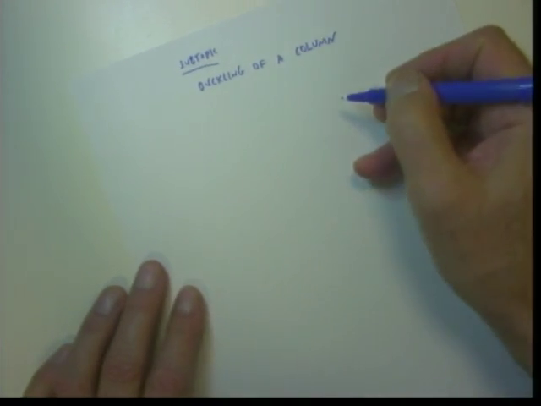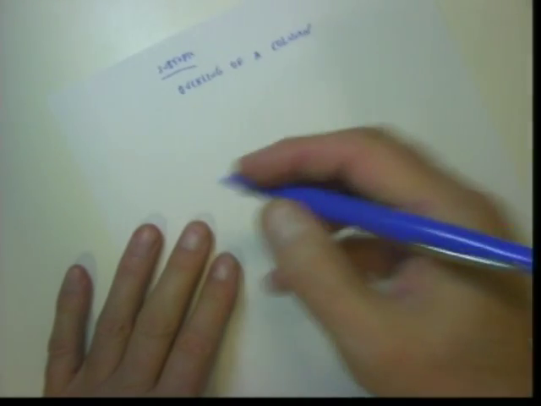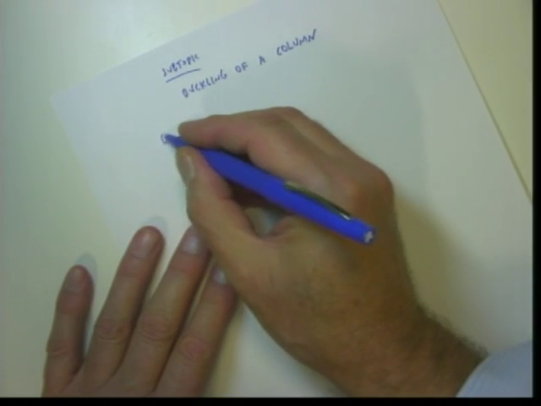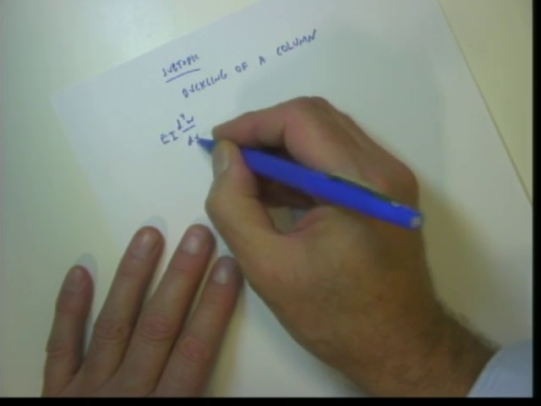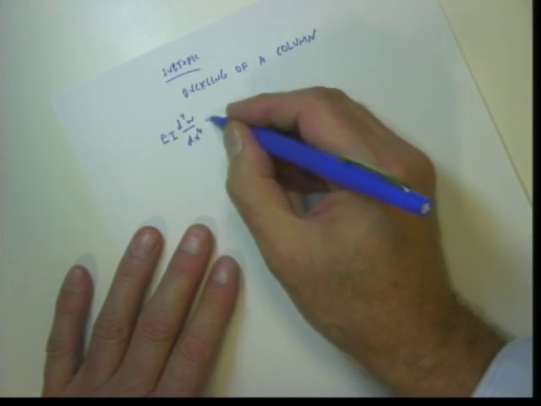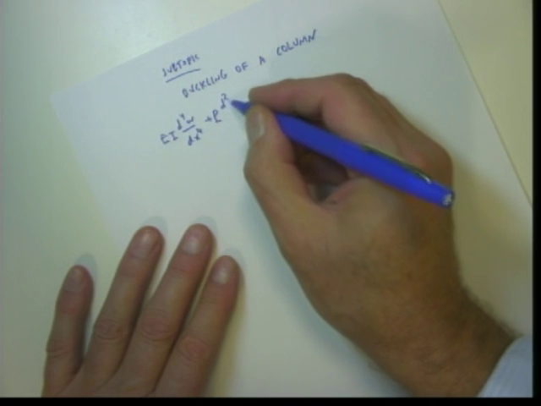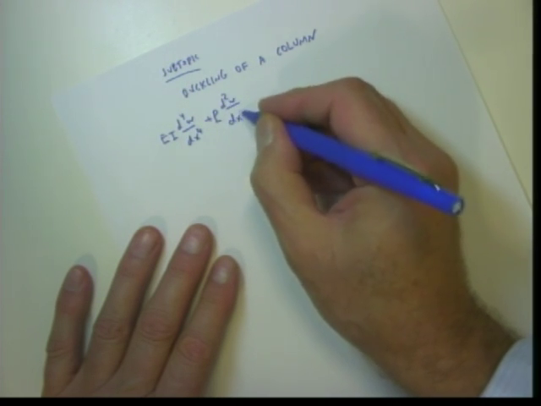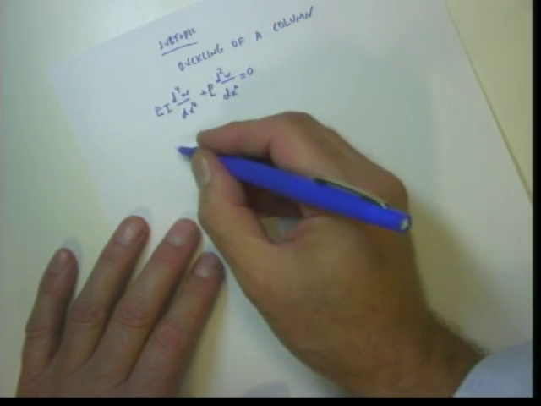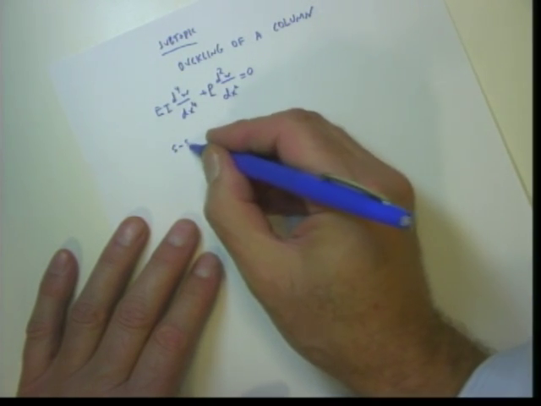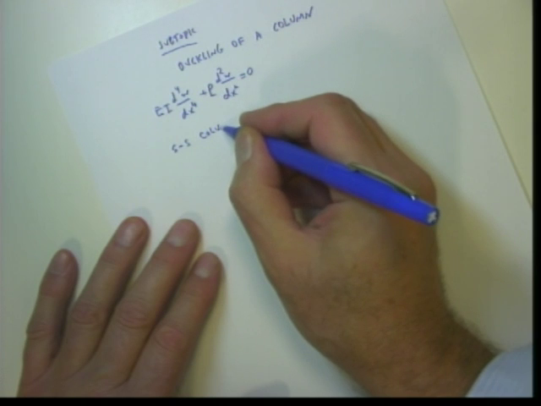Buckling of the column is like this: EI fourth derivative of W with respect to x, plus P d2W/dx squared equals 0. We consider a simply supported column.